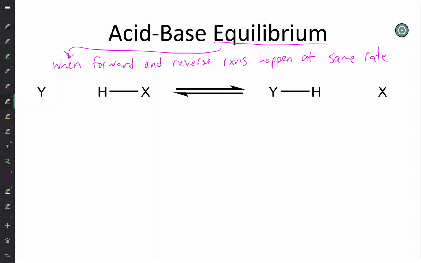So I drew this kind of generic reaction between an acid and a base. The question is, does RXN mean reactions? Yes, RXN is our abbreviation for reaction.